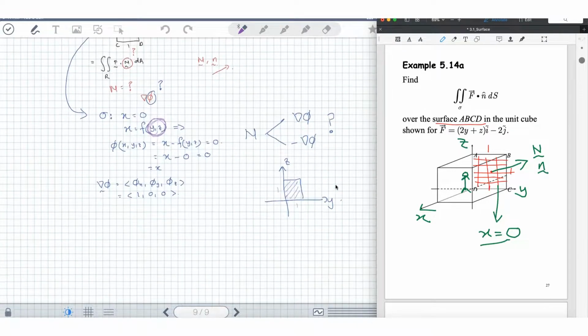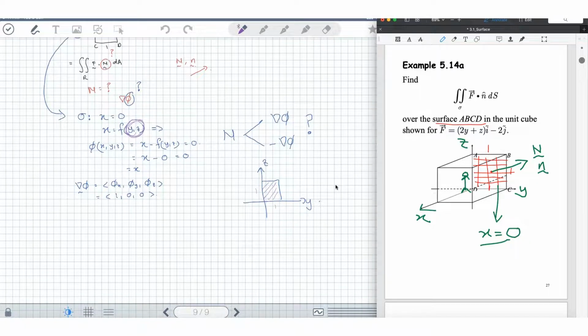But now we want to determine the n first. As you can see here, as we decided just now, our n should be in this direction and it is positive. So if this is the direction where the n is positive, we can see that the direction here always points to negative x, right? Negative value of x. So meaning that in this case, we should have in our gradient phi, the component.